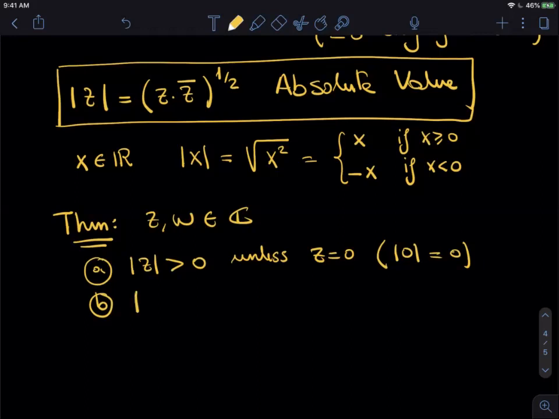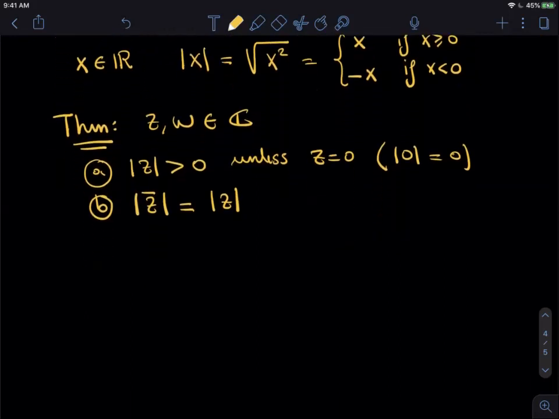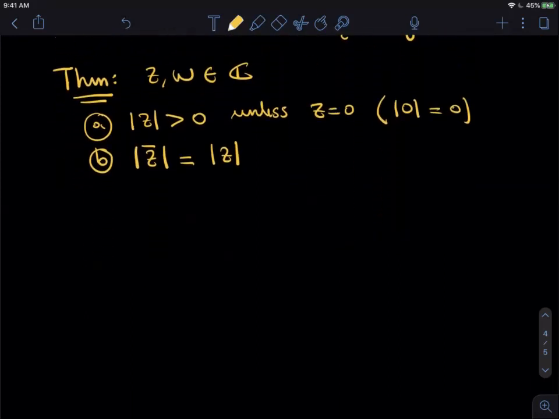And something else, the absolute value of the conjugate is equal to the absolute value of the number. The absolute value behaves well with the product. Behaves well means that the absolute value of the product is the product of the absolute values.